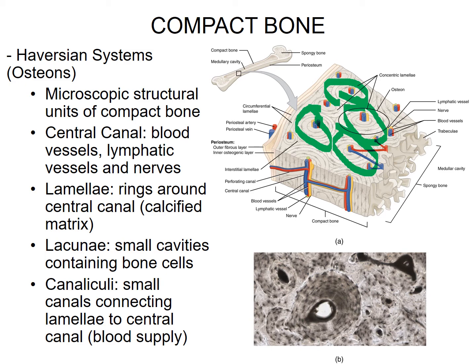Those are the lacunae, and that's where those osteocytes, those mature bone cells, hang out. And then we have the canaliculi, and the canaliculi are just the really, really small channels that all lead to the central canal. So if this is not quite ringing a bell, make sure you go back to the Chapter 4 video, Chapter 4 notes. We've covered pretty much all of this already.